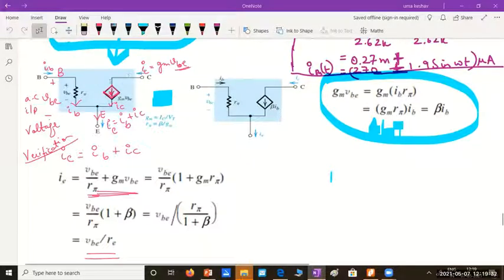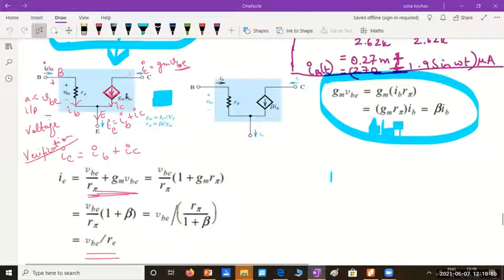Only an ideal current source will have infinite resistance in parallel with it, and any practical current source will have some resistance in parallel. It won't be infinite, but there will be some resistance, maybe 40k, 50k, 100k.